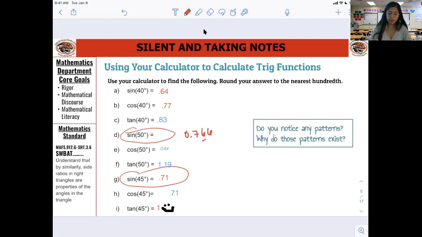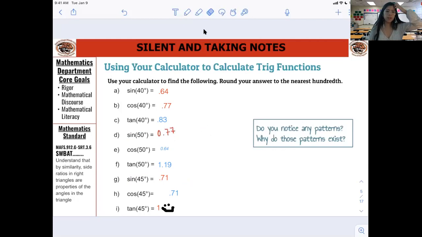If I'm rounding it to the nearest hundredth, do I keep that as a 6 or do I round it up? Yeah, we have to round that up to 0.77. Okay, just going to fix that. Okay, so there's all our answers.